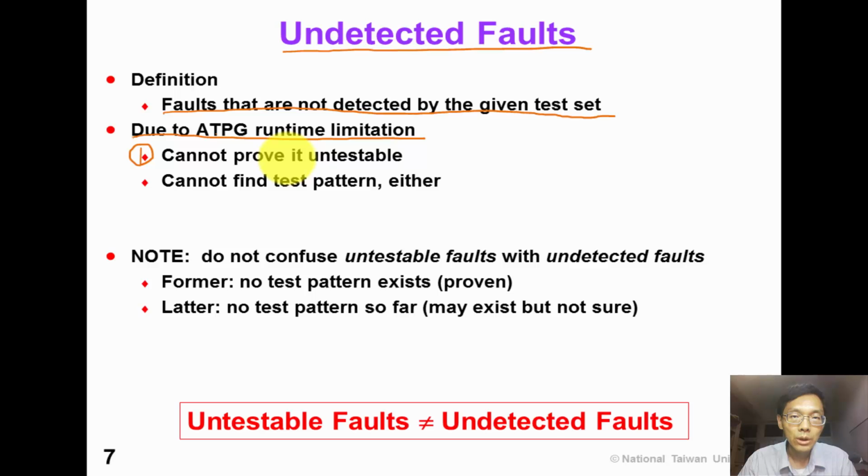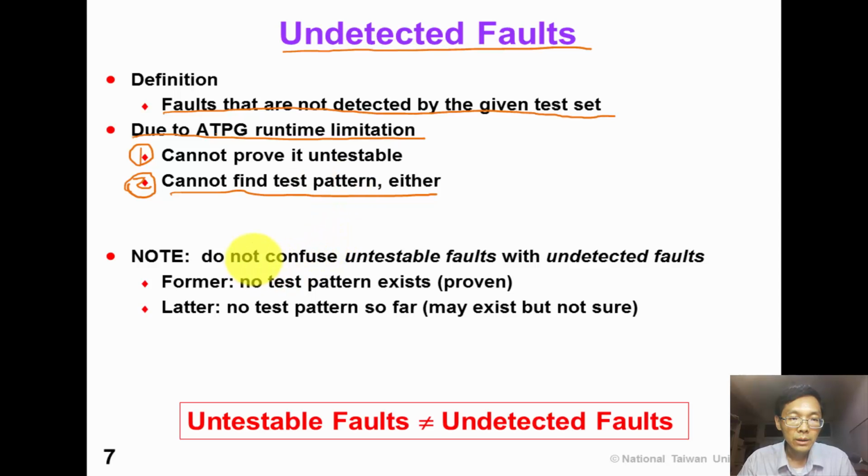As we mentioned earlier, proving untestable fault is NP-complete, so we cannot prove it untestable within a limited runtime. The second reason is that we cannot find the test pattern for this undetected fault either. So we are not sure what happens to those undetected faults.